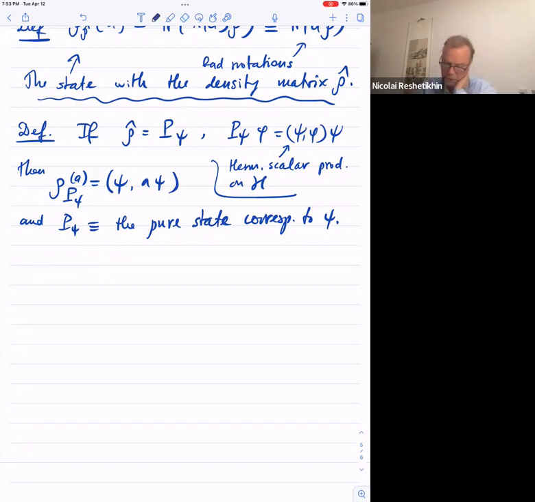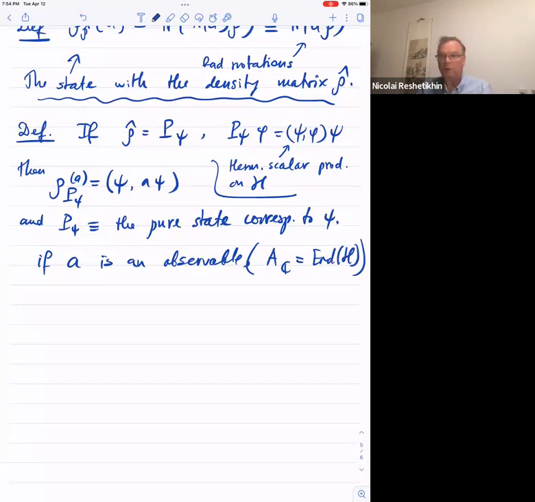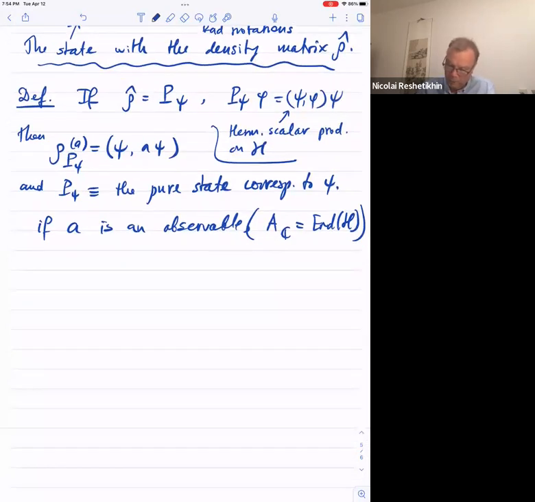So this is a pure state, and now if A is an observable, let's assume for simplicity that our algebra is just the algebra of endomorphisms of H. It's true for quantum mechanics where observables are differential operators. Or rather, maybe not the whole space of endomorphisms, but some subspace in the infinite dimensional case.